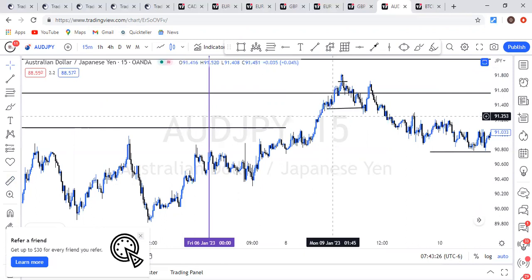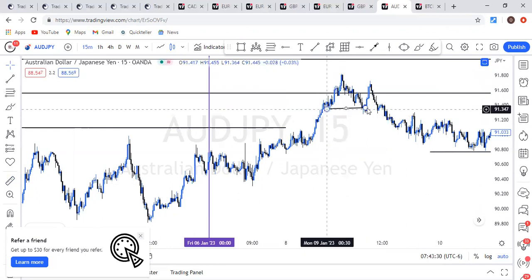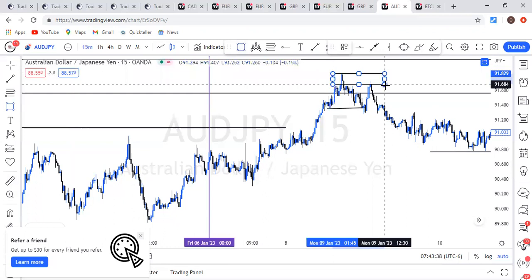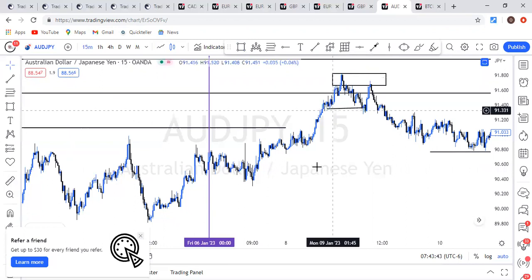But when you wait for a 15 minutes break, change of character, then the 15 minutes time frame has created its own level of supply. Look at it. This change of character. So you must understand supply and demand. Now supply has exceeded demand.